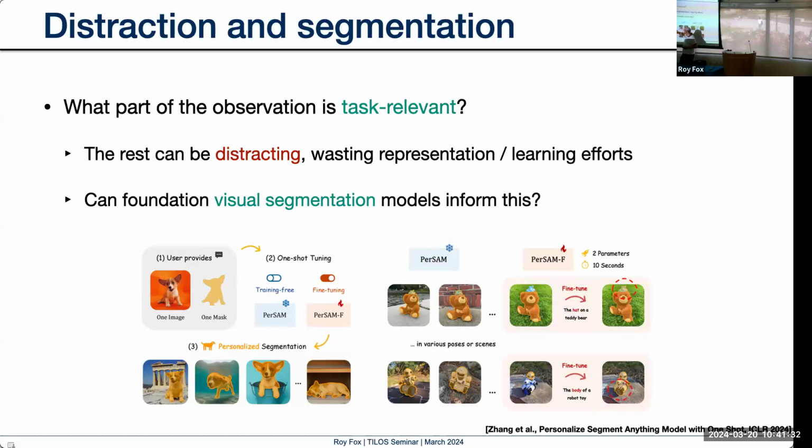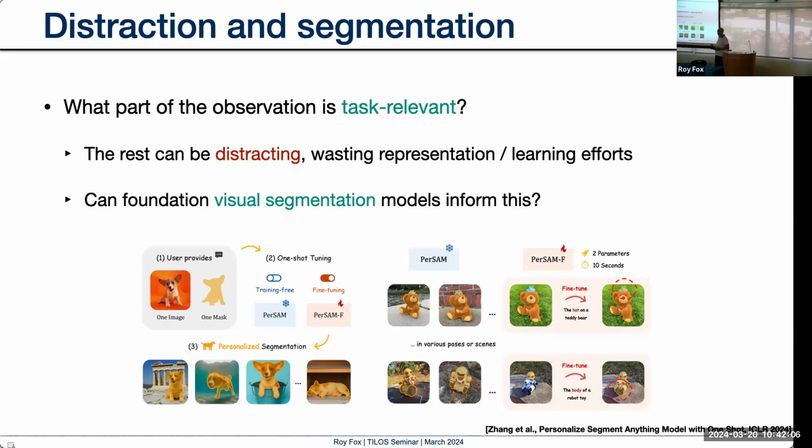Either without training or with training, you then build this personalized segmentation that can very quickly and very successfully segment that specific thing that you said was important in your example. There's a Personalized SAM, and there's Personalized SAM F that actually does a little bit of fine tuning of just two parameters very quickly, 10 seconds, and it has superior performance for segmenting the thing you said you care about.